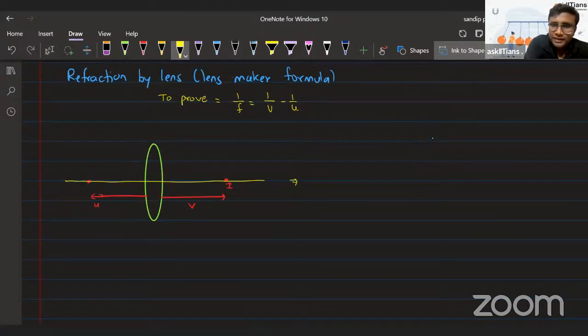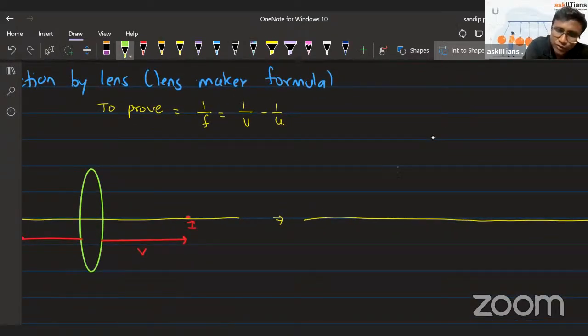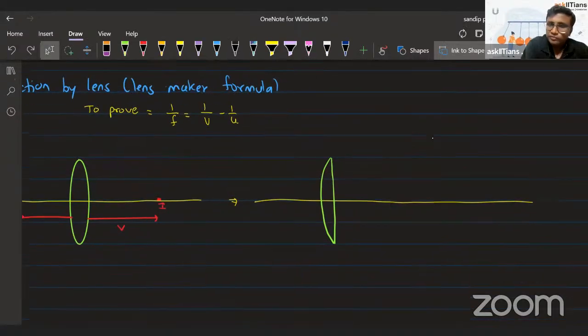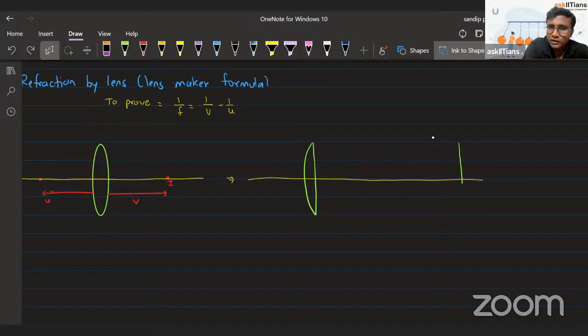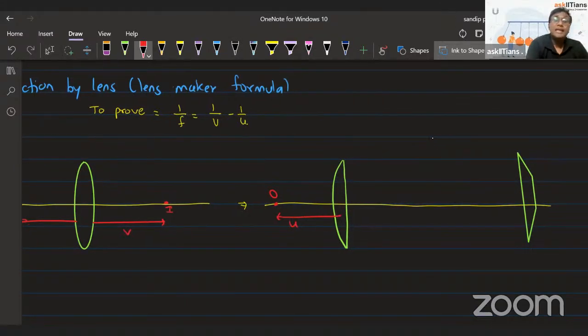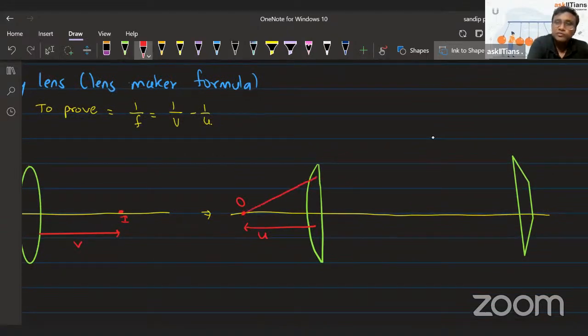So this is again the principal axis. One part of this lens will be something like this, the half part, and another half part is like this. So first, if the object is kept here, what will happen? The first part of this lens will create the image, let's say somewhere here.